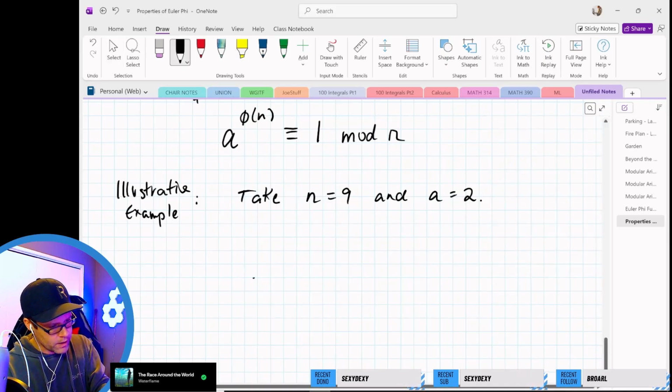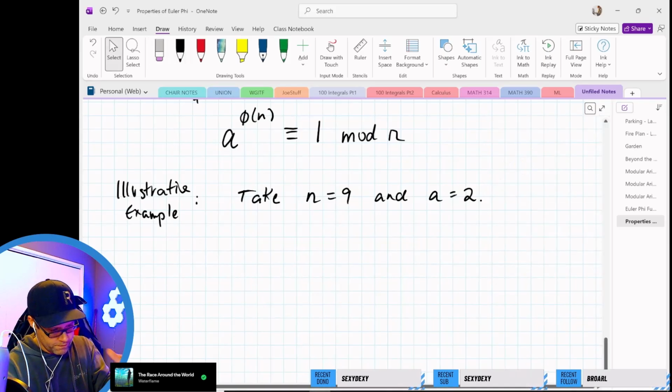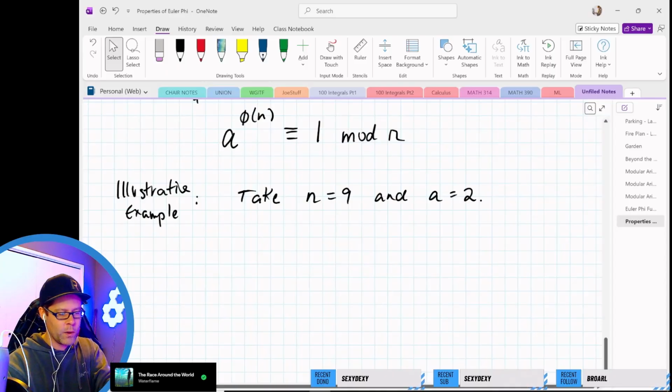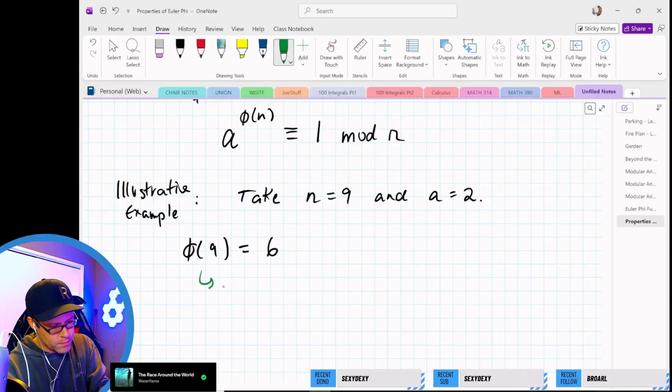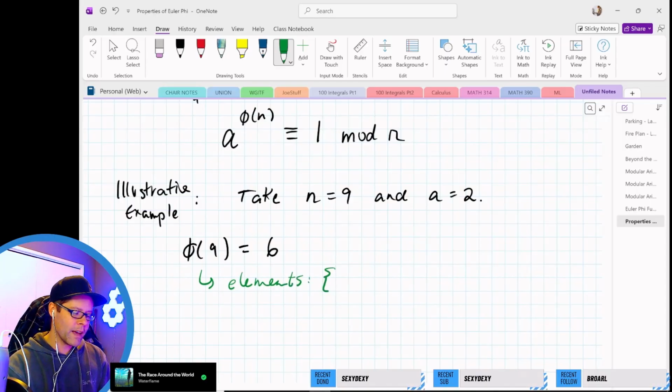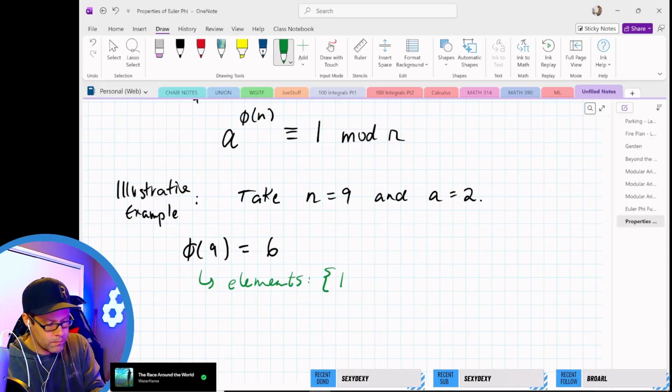The first thing I want to consider here is phi of 9 and try to figure out what those elements look like. We know that phi 9 is 6, and the elements that we're working with are as follows. What do we have? We have 1, 2.